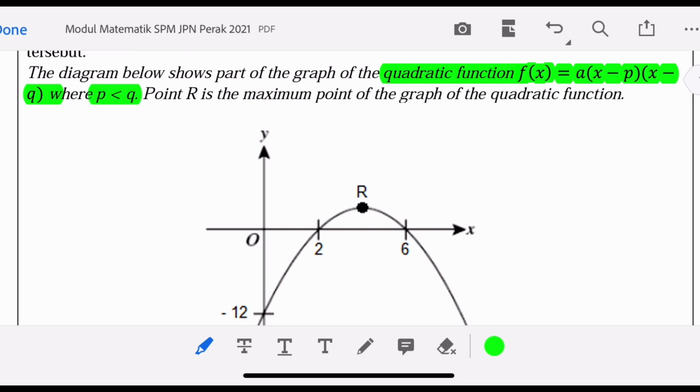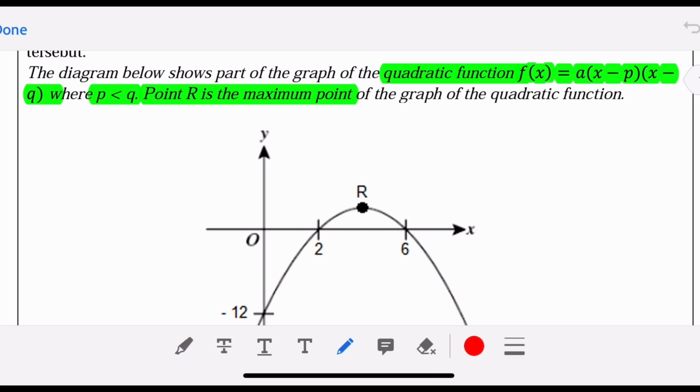And the condition you must follow: the value of p must be less than q, and r is a maximum point. Normally for quadratic function you will see a sad or happy face, right? When it's sad you have a maximum point, and it happens when a is negative, less than 0.